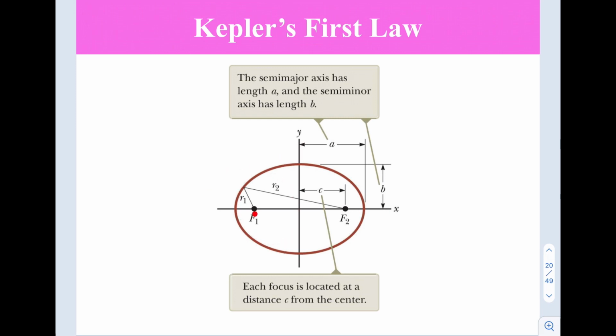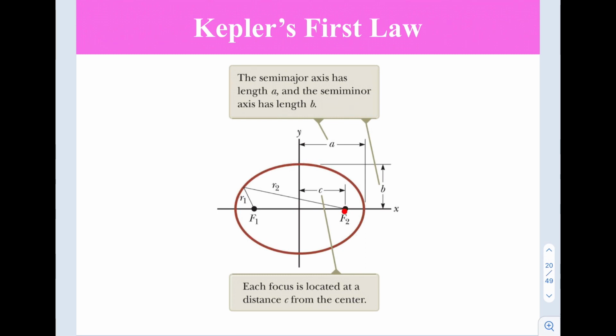That is why it has two foci. This is focus point number 1, this is focus point number 2. One of the focus points will be empty, and the other one is where the sun is. And this is the path taken by the planet, for example the Earth orbiting the sun.